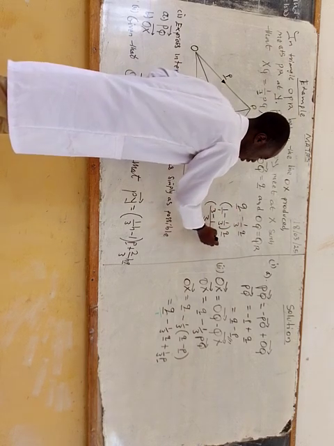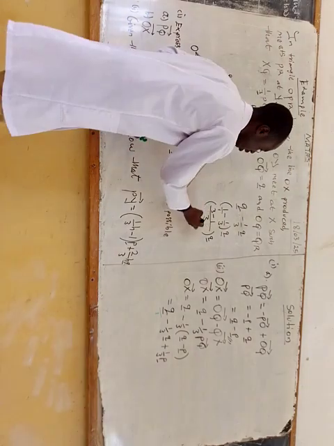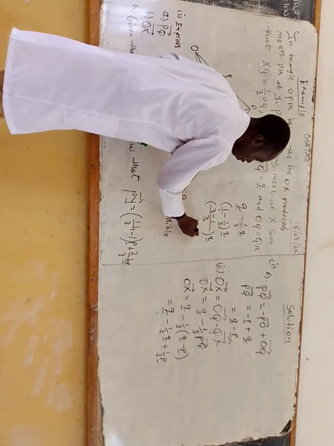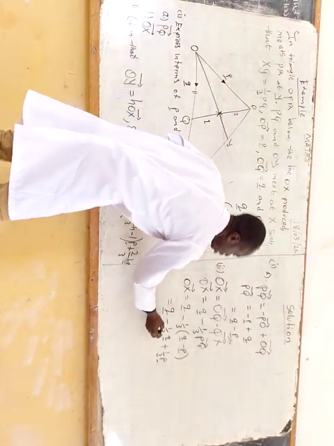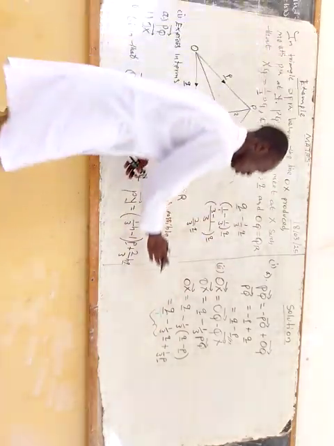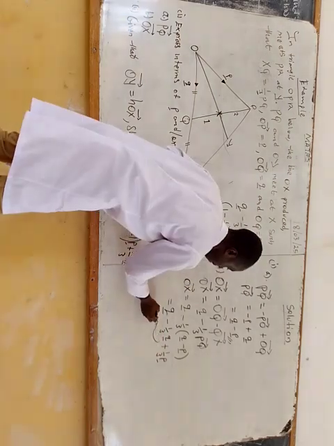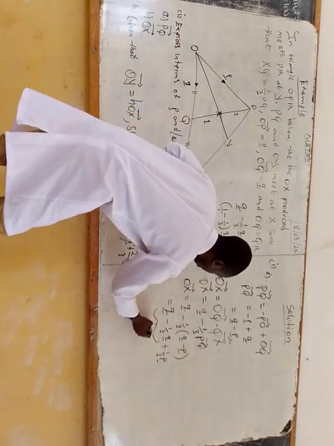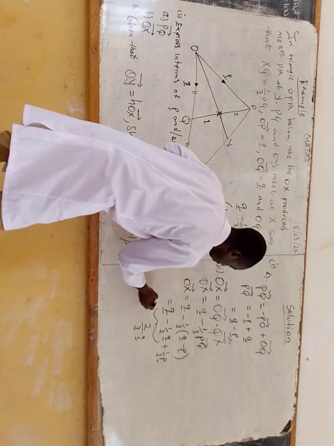Remember we have vector. So what are we getting here on top? 2 over 3 vector Q. So this is what we are going to substitute here.